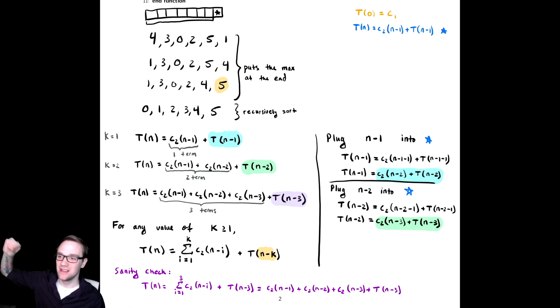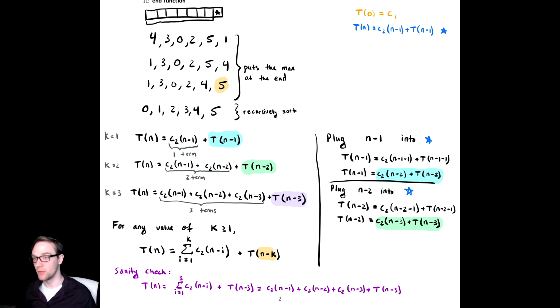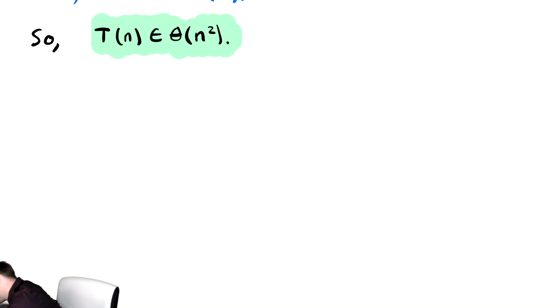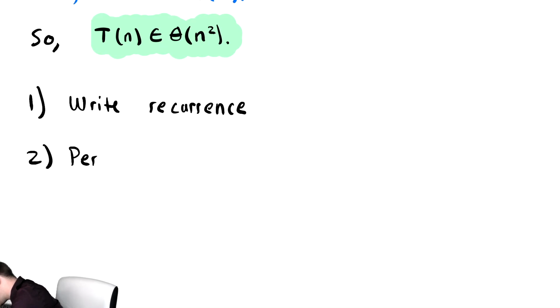Notice that the methodology here was identical. What we did is we first identify a recurrence relation. So step 1 is write recurrence relation. You then perform several substitutions.